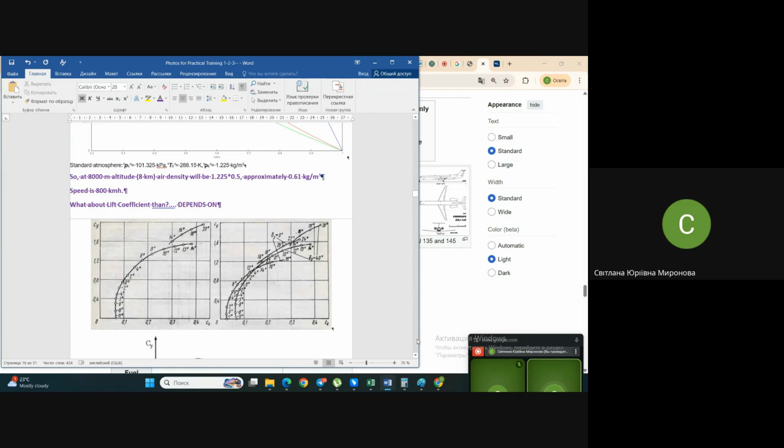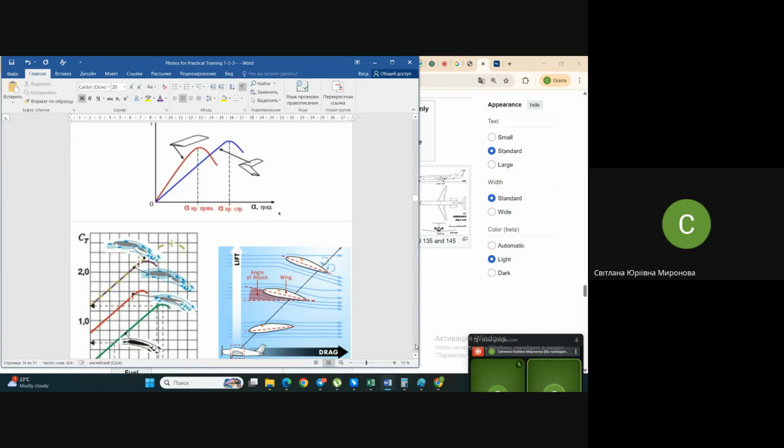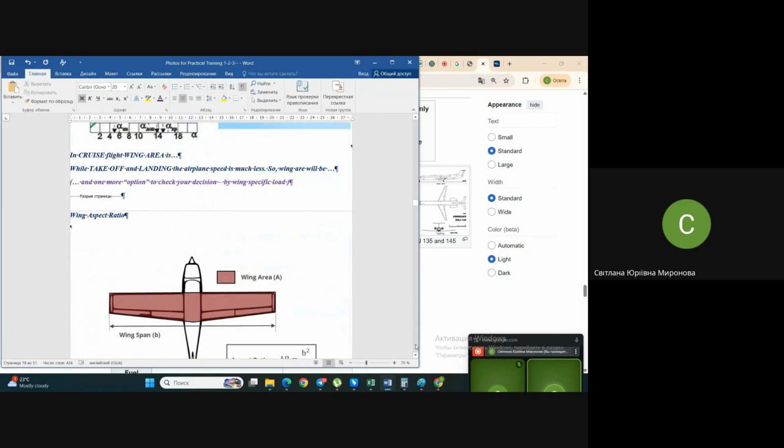I recommend you try both variants and select the greater one, the one which corresponds to your prototypes by specific loads. As you have seen, the gross weight of the airplane, the maximum takeoff weight, divided by the area of the wing. Do compare these parameters in the table with relative parameters, as I said.